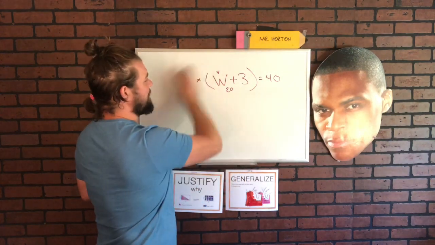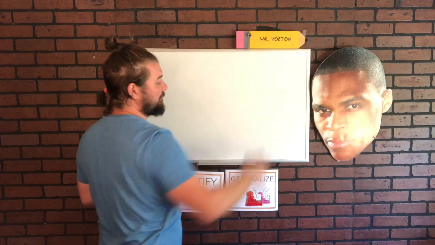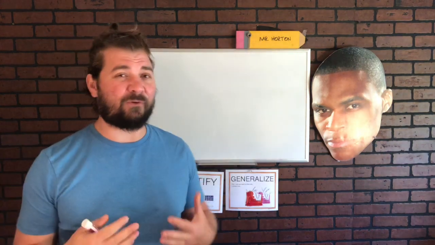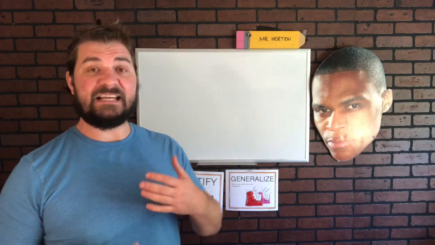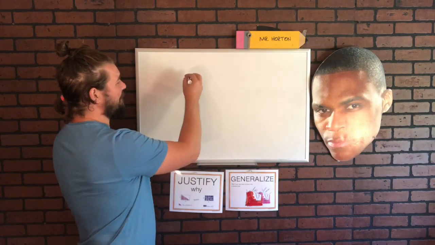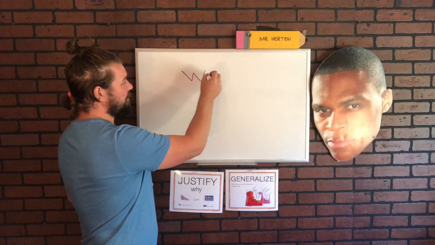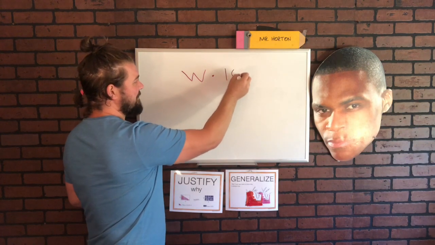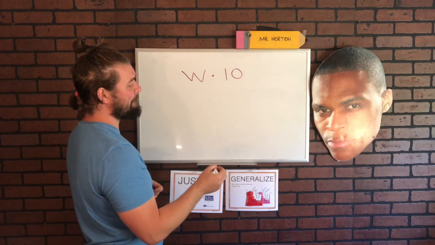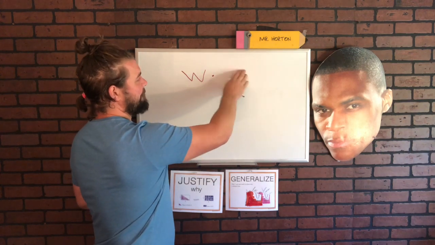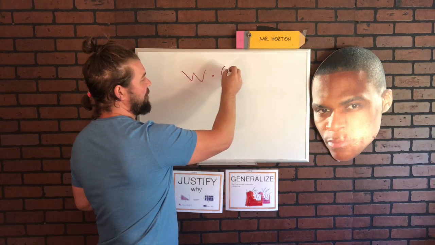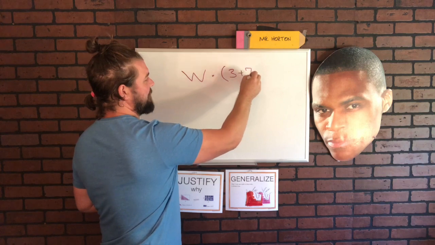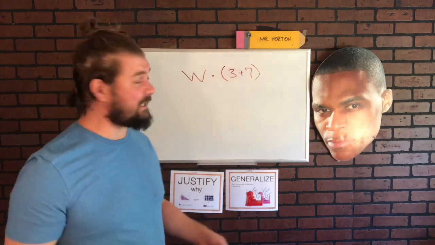So how can I use the distributive property? Now I want to show you a different kind of problem so that we can get used to the variable being in different positions. So what if my problem was W times 10? No, I want to rewrite that. W times 3 plus 7, which yes, we know is 10.